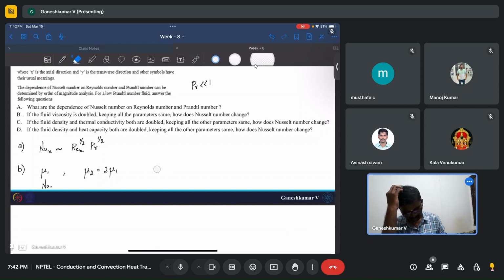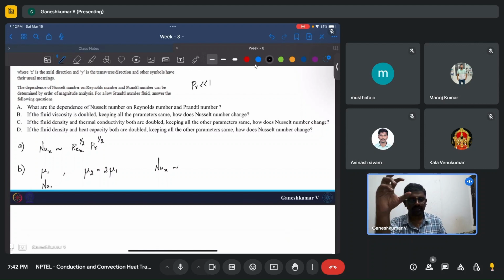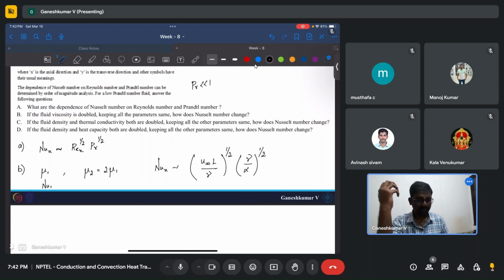Okay, so for that what will we do? We can express Nusselt number in terms of Reynolds number and Prandtl number, and since this is a viscosity question, we can express Reynolds number and Prandtl number in terms of viscosity. So you will write U∞L by ν to the power of, this is your Reynolds number, and Prandtl number is ν by α.